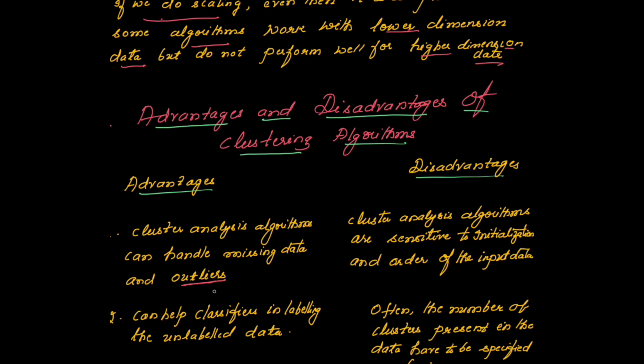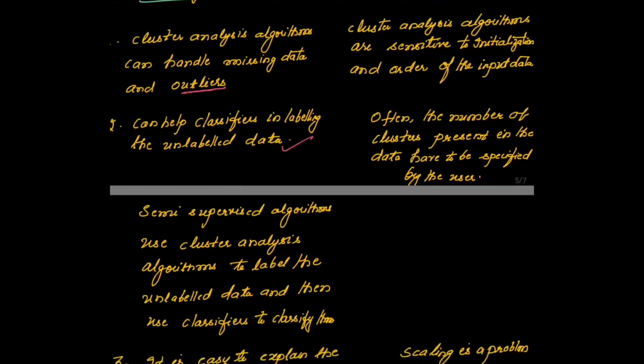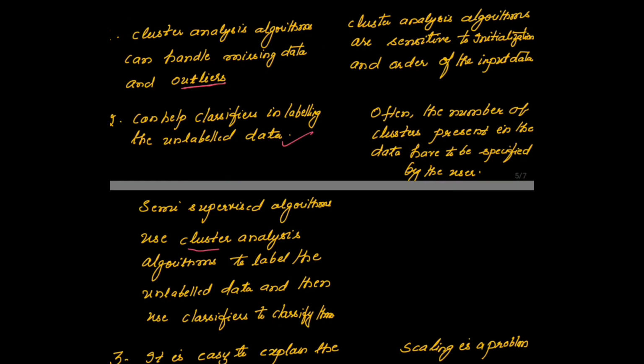They appear either unusually high or very low compared to the majority of the data. The second advantage is that it can help classifiers in labeling the unlabeled data. Semi-supervised algorithms use cluster analysis algorithms to label the unlabeled data and then use classifiers to classify them.